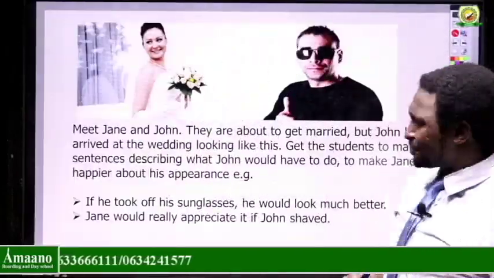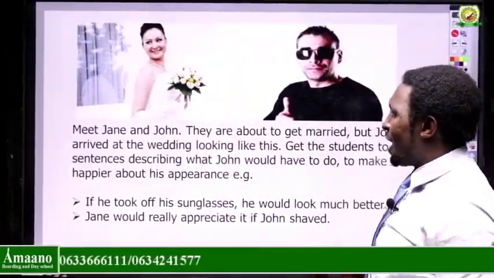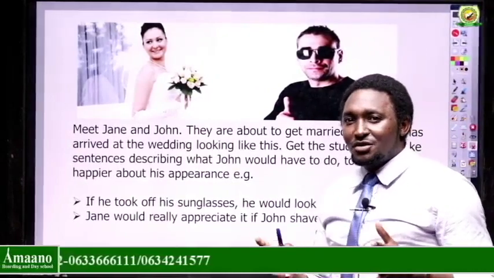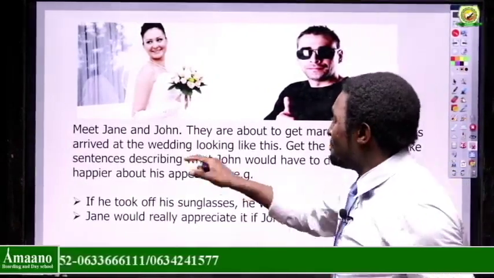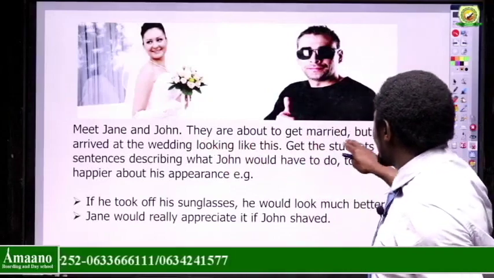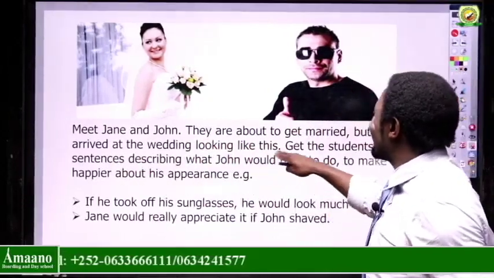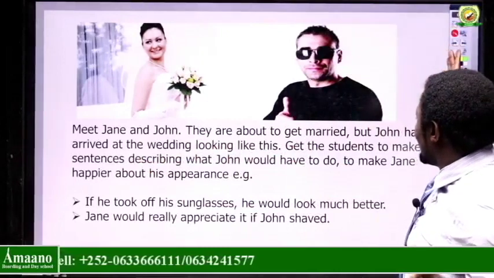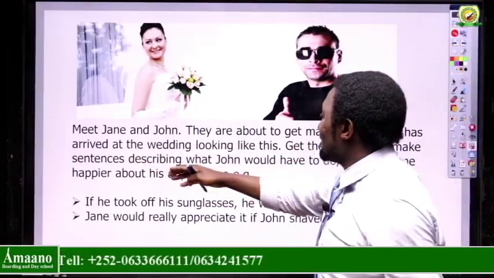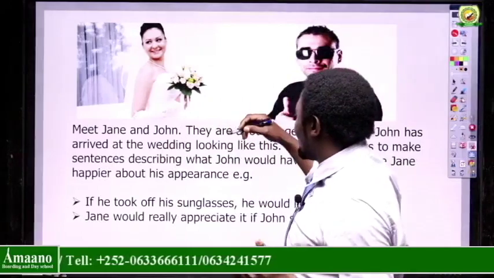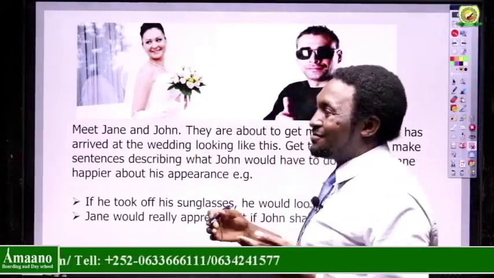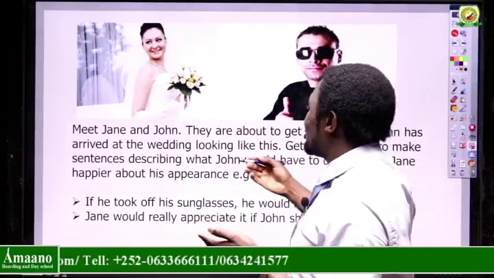Now look at this. Now meet Jane. I want us to just compare the first conditional and second conditional. Meet Jane and John. They are about to get married, but John has arrived at the wedding looking like this. Get the students to describe what John would have to do to make Jane happier.